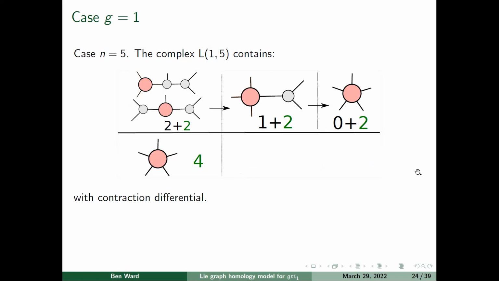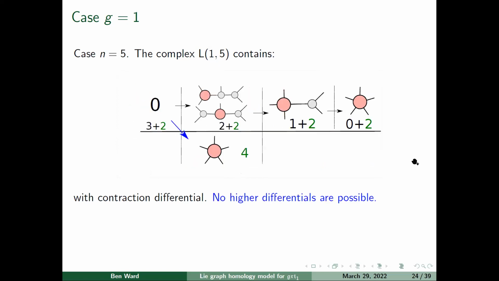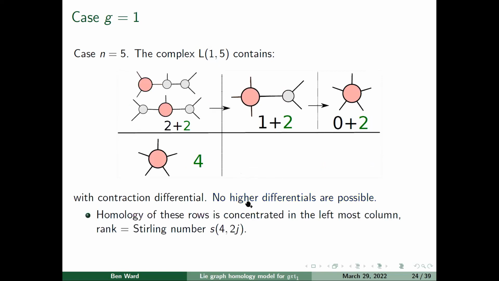Now, potentially I could have higher operations, but those would have to run between the rows. And just for degree reasons, no higher differentials can exist. So the complex is really just this. And what you can show, working in a hands-on way, is that the homology of these rows is concentrated in the leftmost degree, so having the most edges.